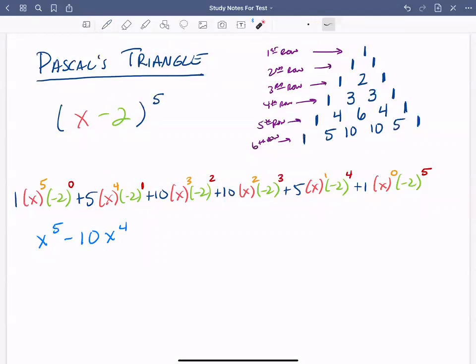And we're just going to continue this pattern of multiplying the values, and then we still have a variable with an exponent. So we have -2 squared, which gives us 4. We have 4 times +10, which gives us a +40. And then you have x cubed.